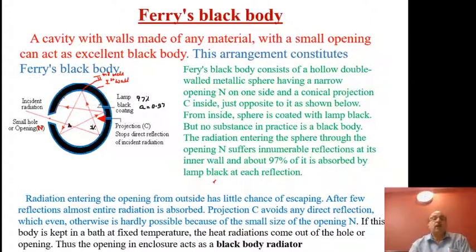If we take this Fery's black body and heat it, then radiation will come out from the black body. This radiation which comes out will have all the wavelengths. Thus the opening of the enclosure also acts as a blackbody radiator.